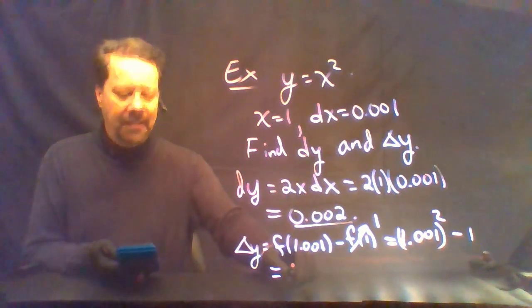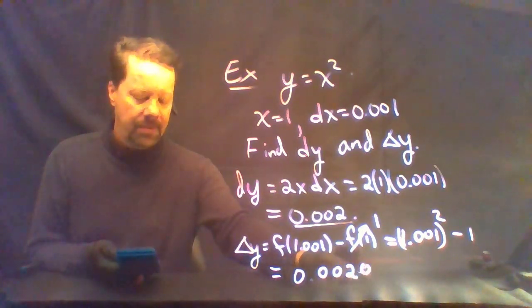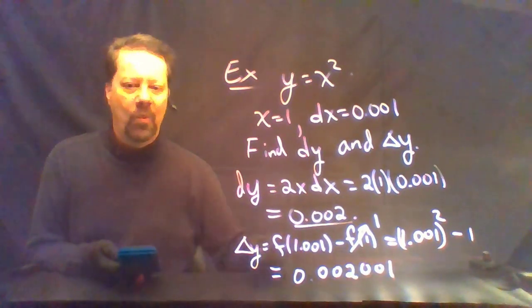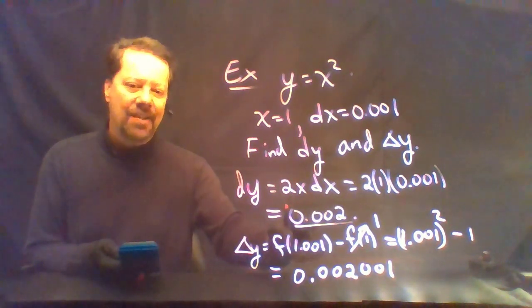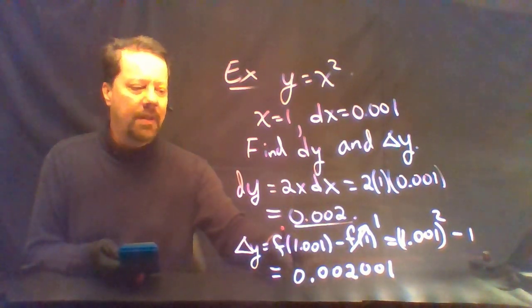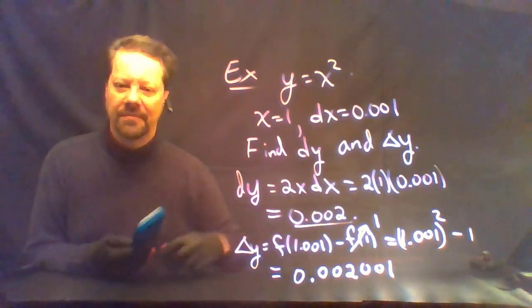Crunching this on my calculator, I get 0.002001. This is pretty close to the actual error that is incurred by going from 1 to 1.001. Pretty close.